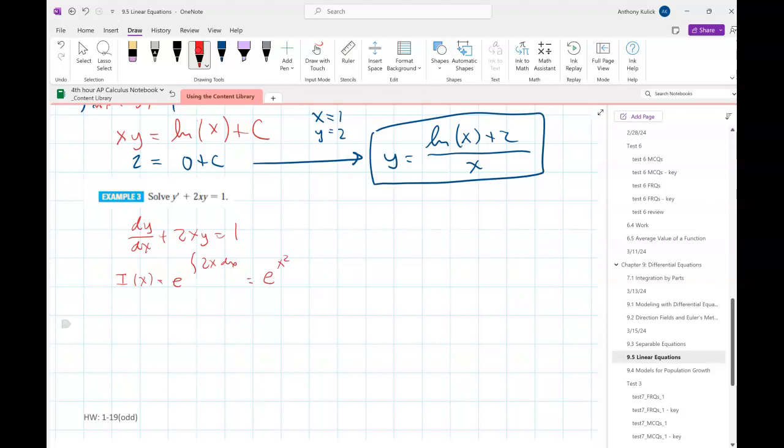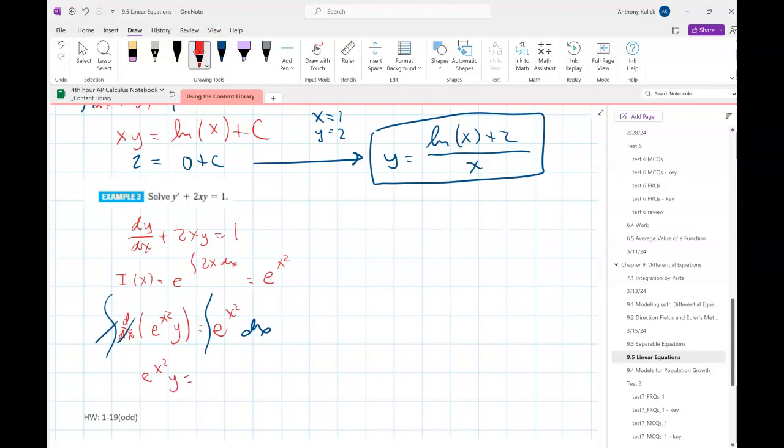So that's going to give me d dx of e to the x squared times y equals e to the x squared. Integrate both sides. Right-hand side, the integral cancels the derivative.